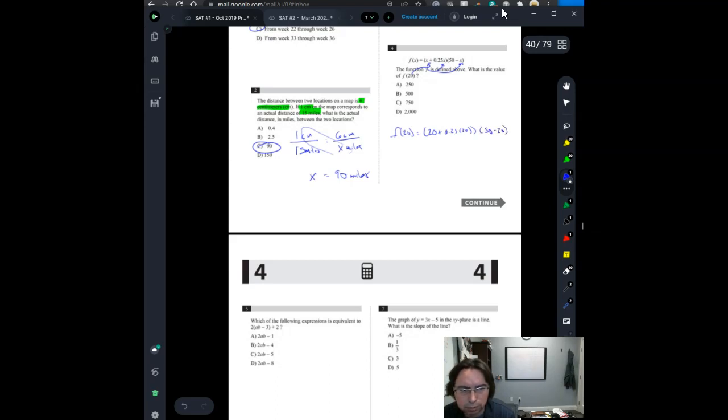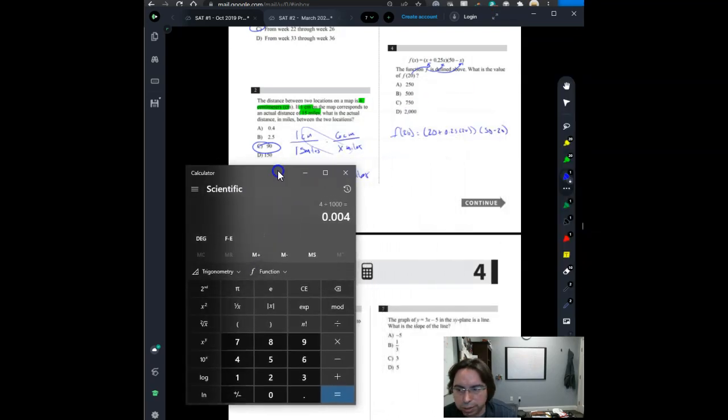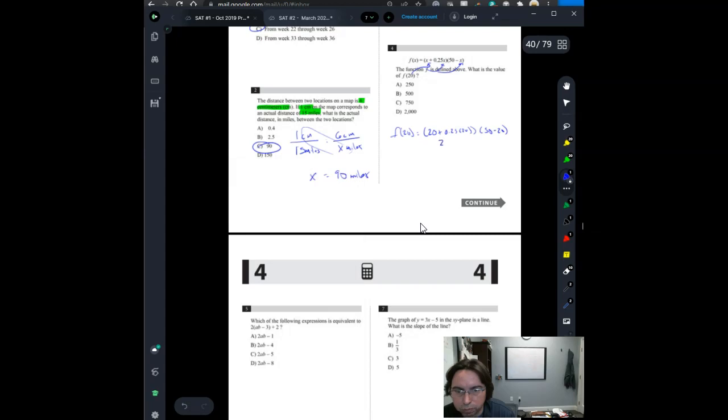I'll use my calculator. 0.25 times 20 gives me 5. So 20 plus 5 gives 25, and 50 minus 20 gives 30. So that's 25 times 30. 3 times 25 is 75, and then add the 0, so that's 750, or C for the answer choice.